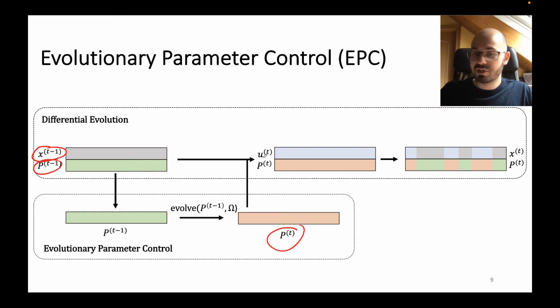And then we use p_t to generate the offspring. And because of the replacement mechanism in DE, we directly do the replacement in both populations, which means some of them will be replaced and some of them will not be replaced, which could be really useful to keep only the good parameter settings and run a meta-evolution.